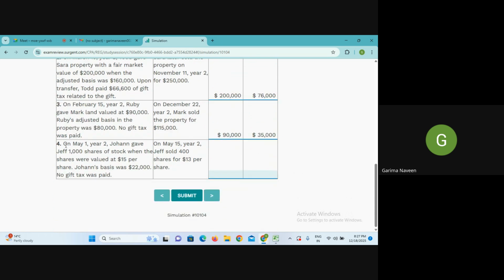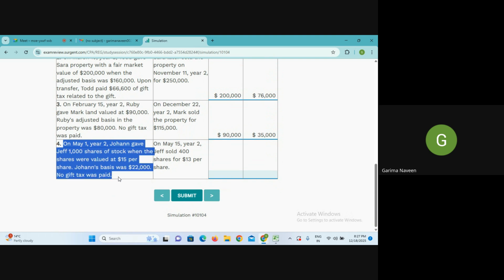Okay, so last, on May 1, year 1, John gave Jeff 1,000 shares of stock when the shares were valued at $15 per share and the basis was 22,000. So he is giving 1,000 shares of fair market value $15 each, which means $15,000 fair market value.